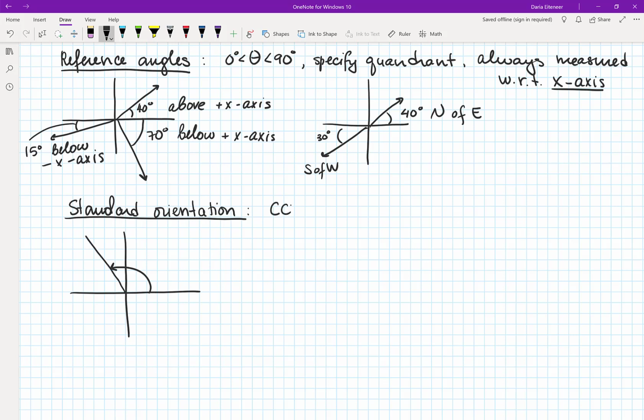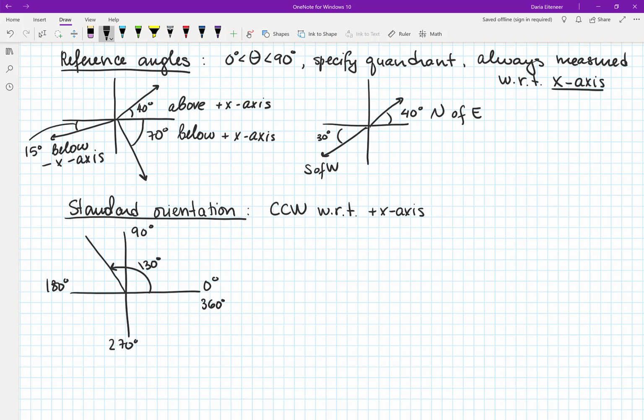So counterclockwise with respect to plus x-axis. Right, so this would be 0 degrees, 90 degrees, 180 degrees, 270 degrees, and then we're back to 360 degrees. So something like this would be, for example, 130 degrees.